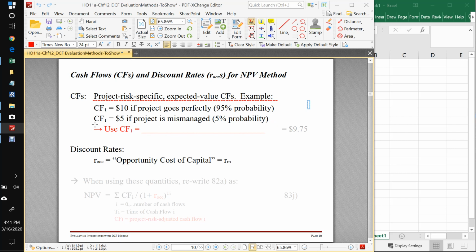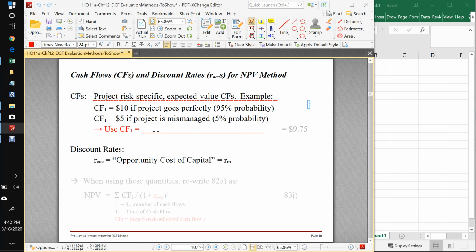Okay, and on the other hand, we think there's a 5% probability of getting 50% of that. If there is a problem with stupid managers, if there's mismanagement, we believe we'll only get $5, but we do assign that a very low probability.